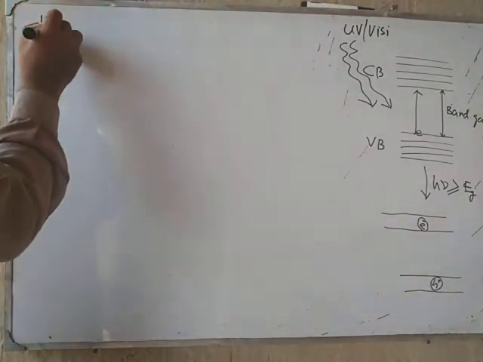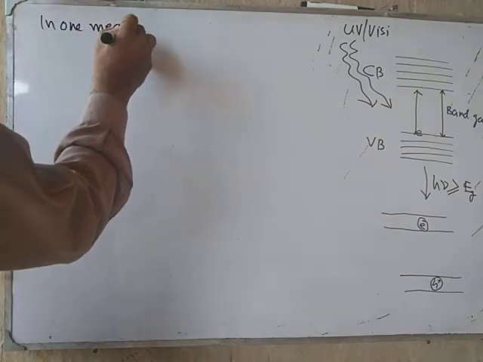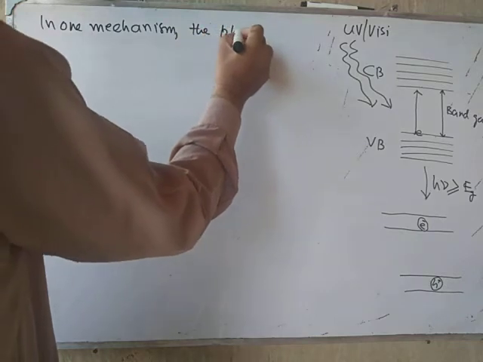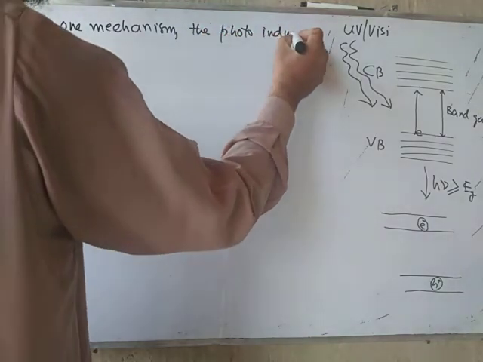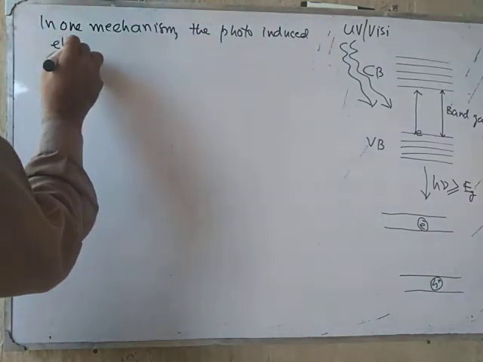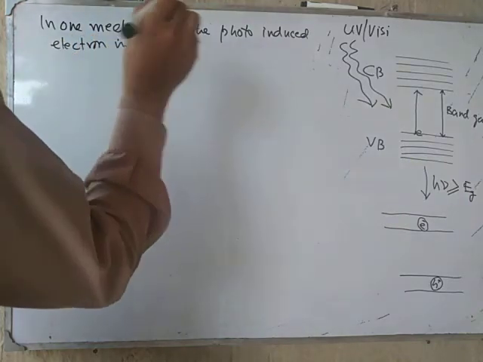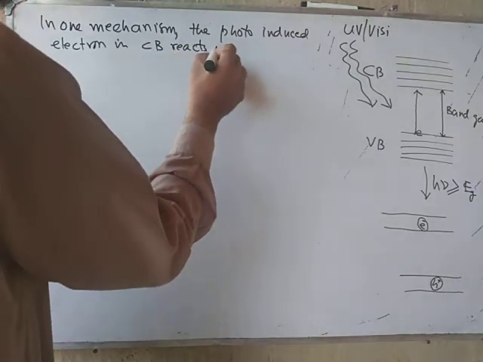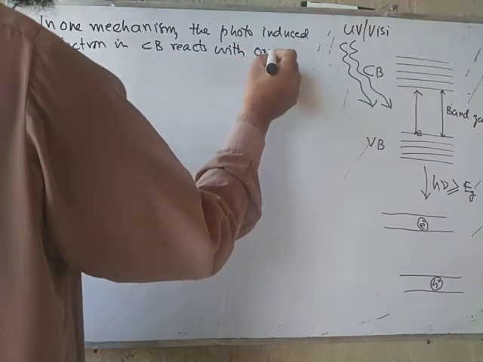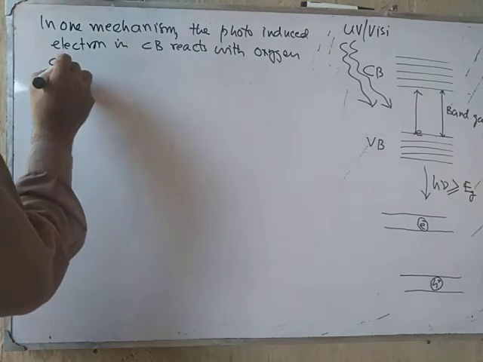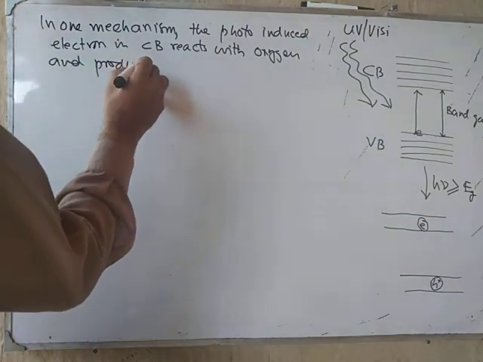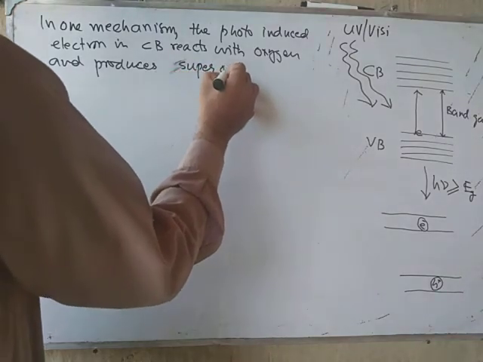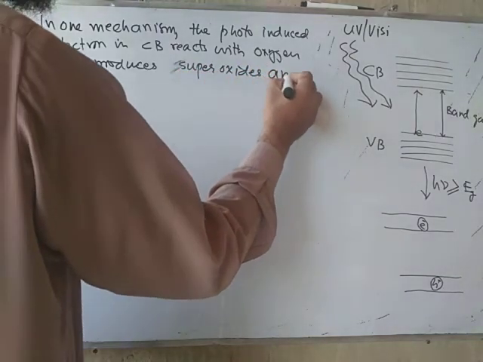In one mechanism, the photo-induced electron in conduction band reacts with oxygen and produces superoxide anion radicals.